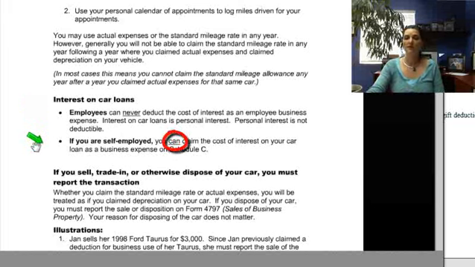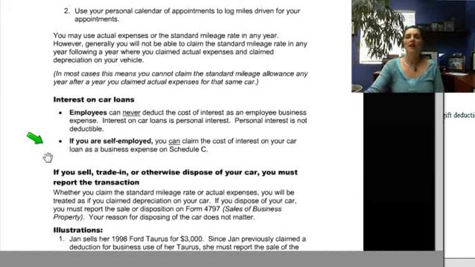However, if you are self-employed, you can claim the cost of interest on your car loan as a business expense on Schedule C. So I just wanted to point out at this point that all of the rules we've been talking about regarding the deductibility of business expenses are the same rules whether you are filing 2106 on Schedule A as an employee business expense, or whether you are claiming these expenses on Schedule C as a sole proprietor.